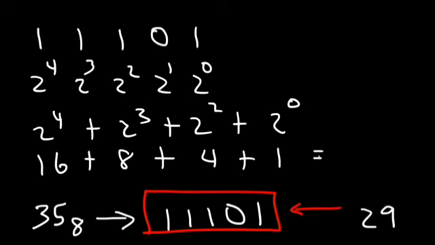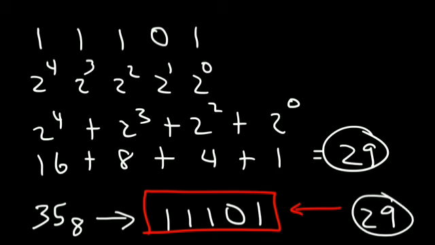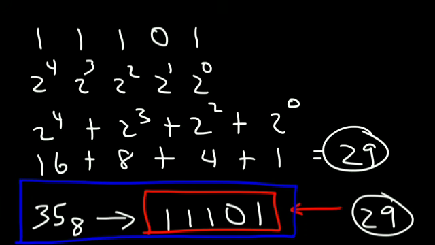Now, 16 plus 8 is 24. 24 plus 4 is 28. 28 plus 1 is 29. So we get the same answer. Because these two are the same, we know for certainty that these two must be equivalent to each other. And so that's how you can check your work.